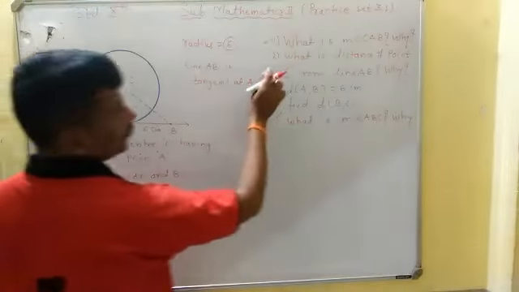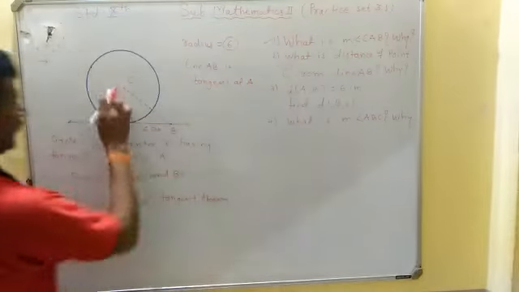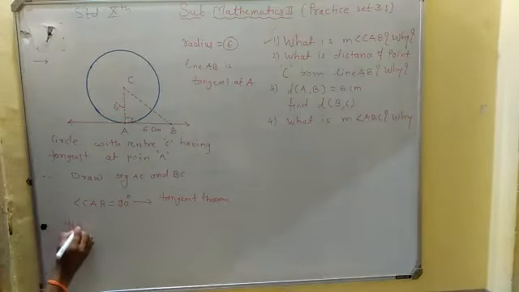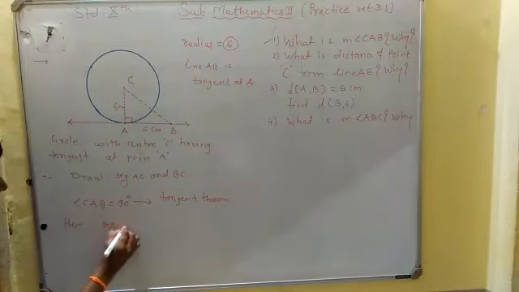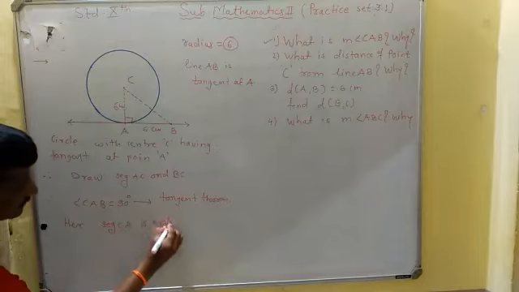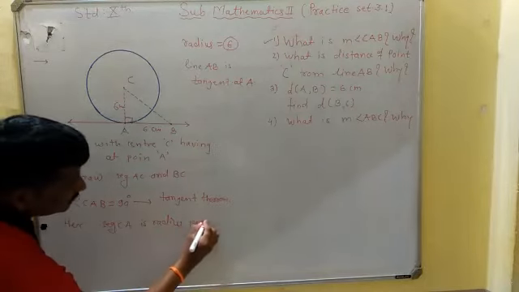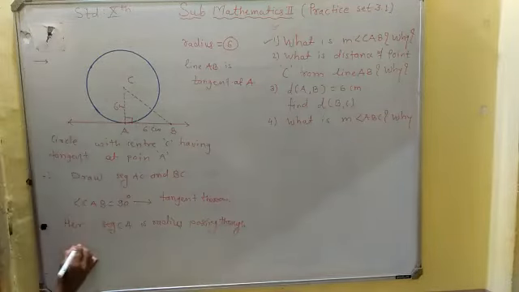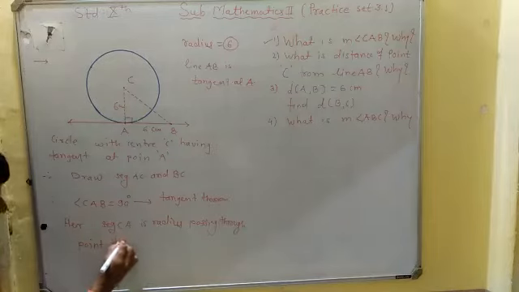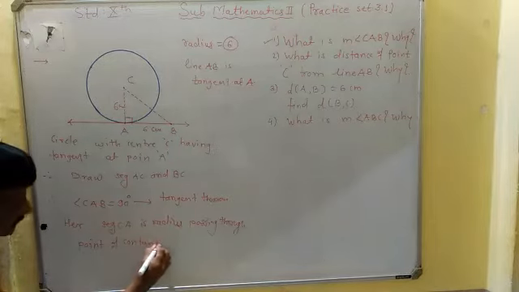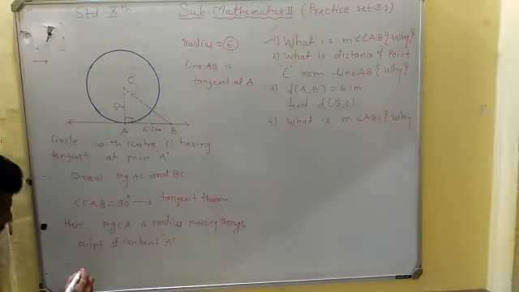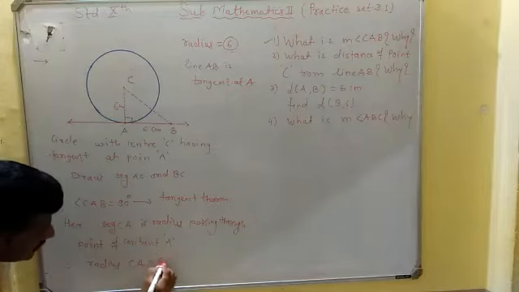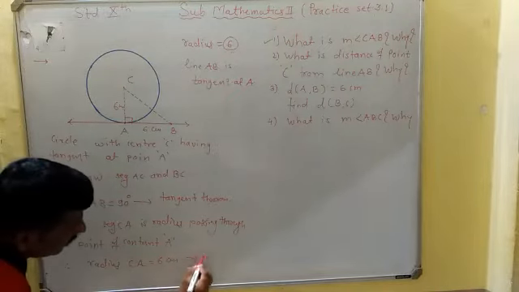Now we are going towards the second: what is the distance of point C from line AB? Look here. Segment CA is a radius passing through the point of contact A. Radius CA is equal to 6 centimeter, as given here.